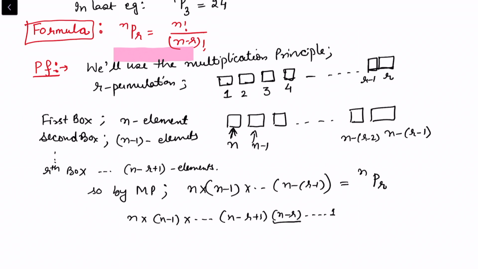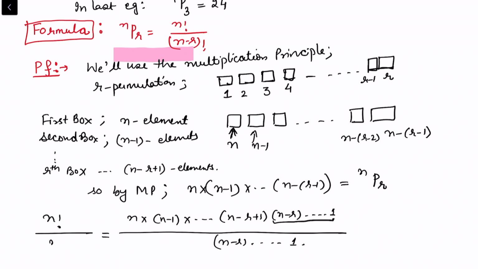This is a term which is extra multiplied, and the same thing we divide, (n minus r) continuing till 1. So this is the same as n factorial upon (n minus r) factorial, which is equal to nPr.